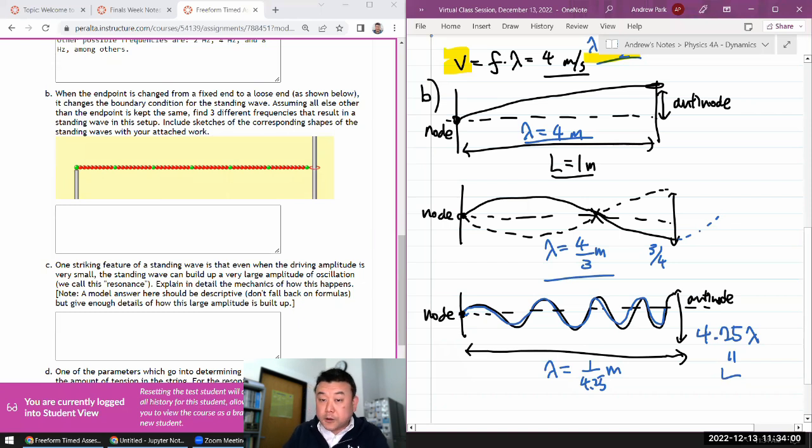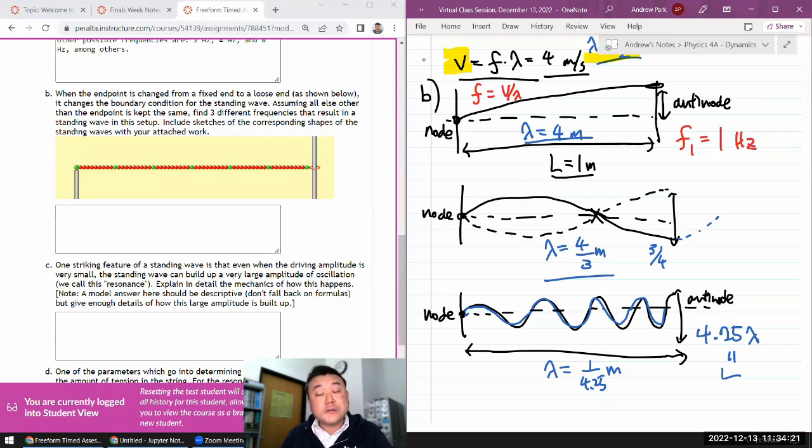So for the frequencies, all I need to do is continue to use this formula. I will have solved for frequencies, v over lambda. So frequency 1 here is this speed divided by that, or 1 hertz. Yeah, that's lower than the frequency we had above.